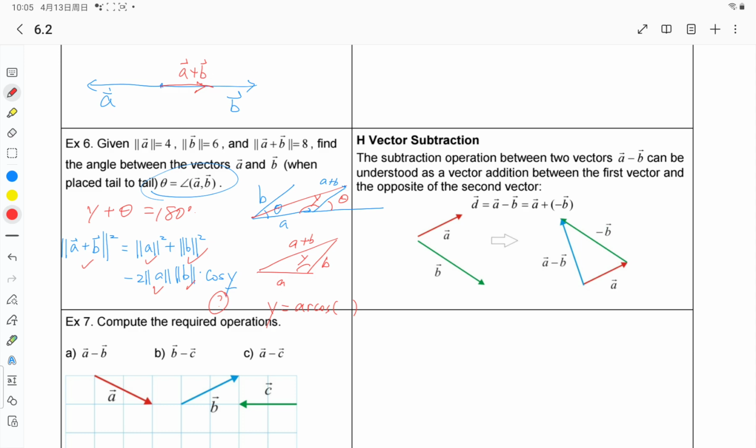If you are going to brute force, remember that the direction of a minus b is going to start from b and go toward a.